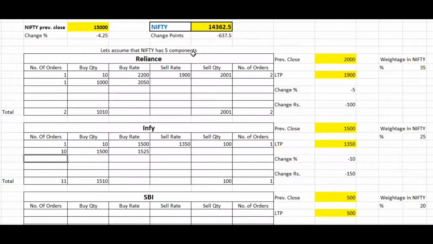Now actually there is a change. So who is the best buyer now? The best buyer is always the person who comes out with the higher rate. So now what will happen? This will be changing like this. So 1525 is the best buyer.